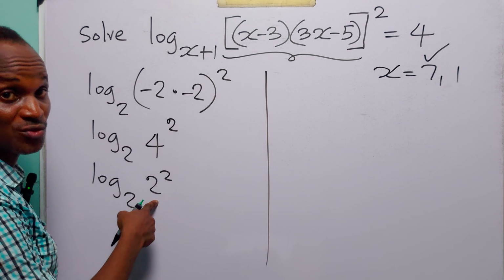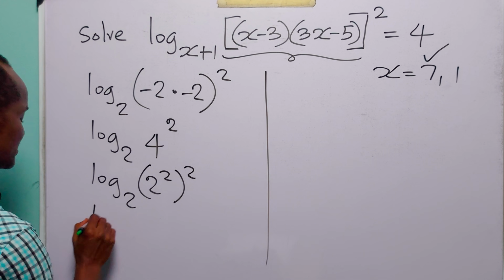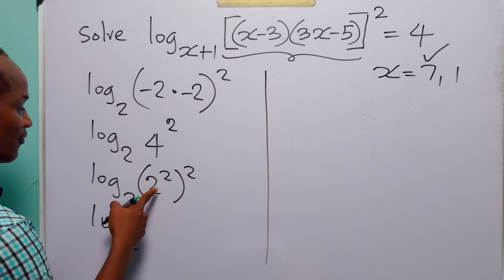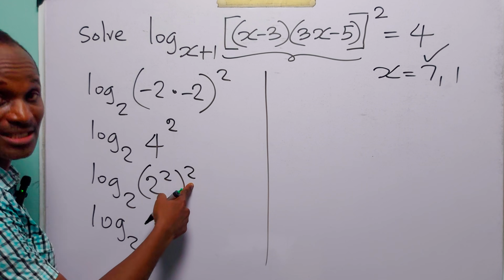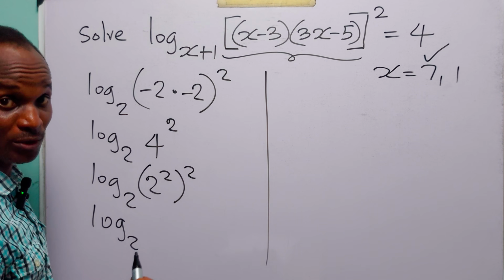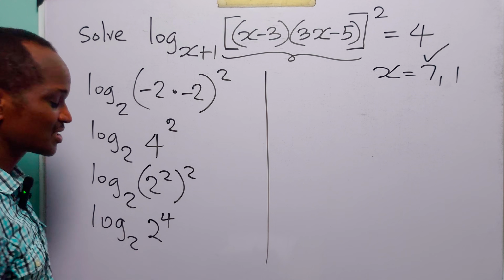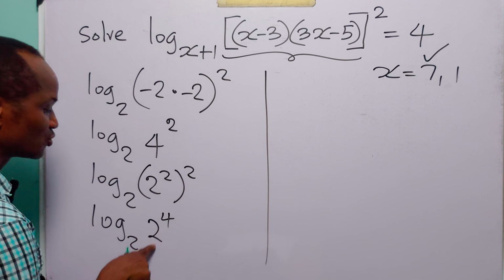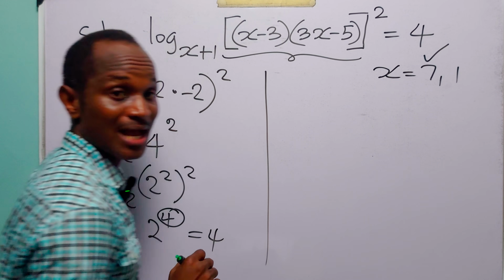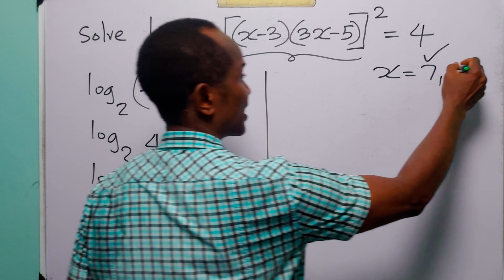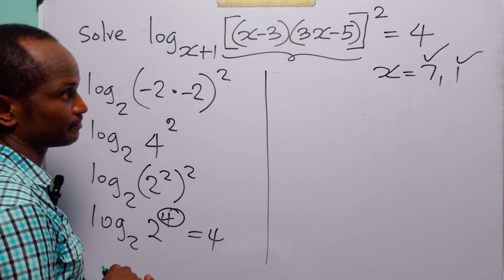Of course, you know that 4 is 2 squared raised to power 2. This is the same as log to base 2 of, to get rid of these brackets, all we have to do is to multiply these two powers, and 2 times 2 is equal to 4. So this is 2 to the power 4. Once more, you know that log to base 2 of 2 to the power 4 is simply equal to 4, which is exactly what we have on the right hand side. So the second value of x also satisfies the original equation.